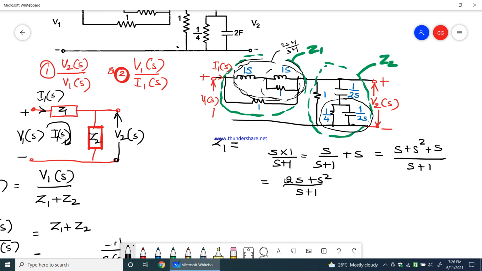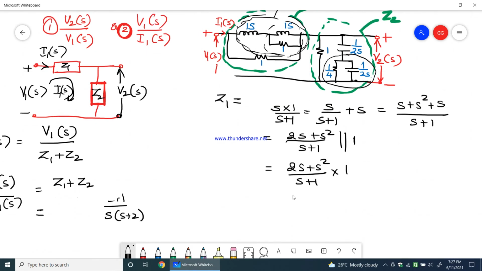Now this 2S plus S square by S plus 1 is now in parallel with this 1. So therefore that would be equal to 2S plus S square divided by S plus 1 into 1, whole thing divided by 2S plus S square by S plus 1 plus 1.